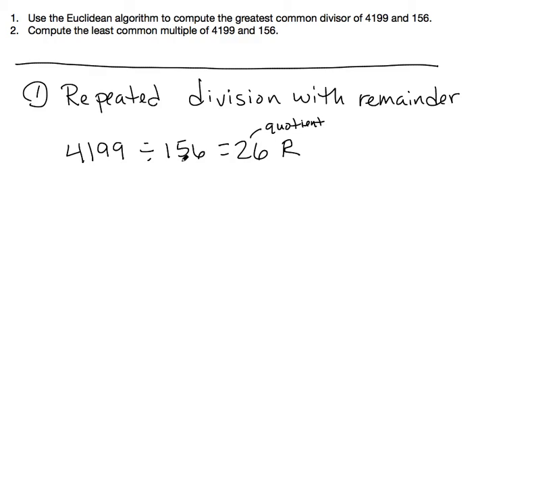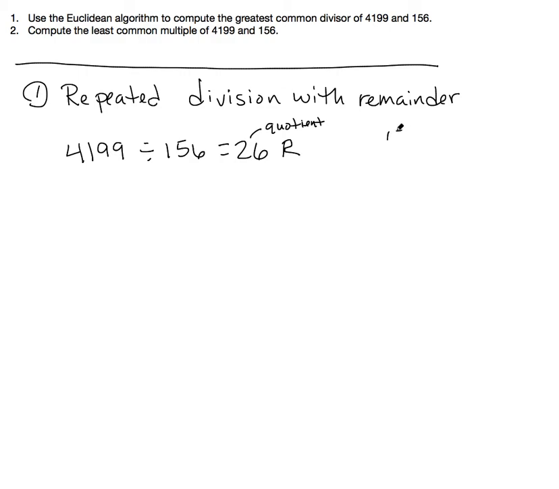What we need to do is take this 156, multiply it by 26, and then see how far away from 4,199 we are. Because what are we really doing? We are figuring out how many groupings of 156 there are in this larger number. We know there are 26, and then we want to know how many are left over after that.